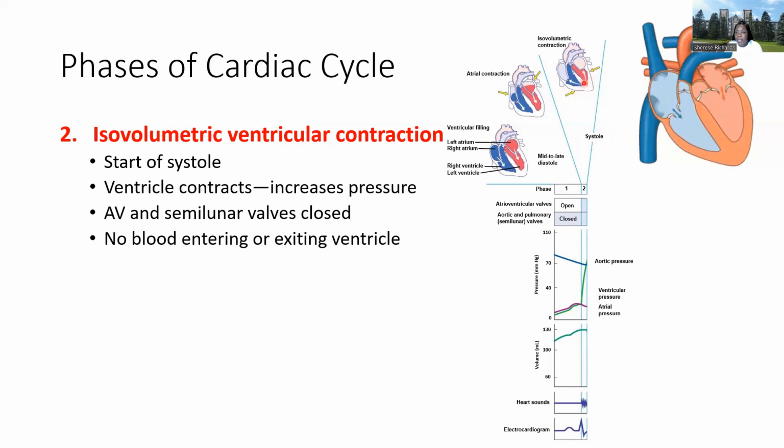So we can see that happening here. Notice all four valves are closed. Notice that it's a much shorter phase as well. Also, we can see that the ventricular pressure is steeply rising, so that's the green curve here. Atrial pressure begins to drop off as that AV valve closes. And then if we look at the volume change, it is staying the same.